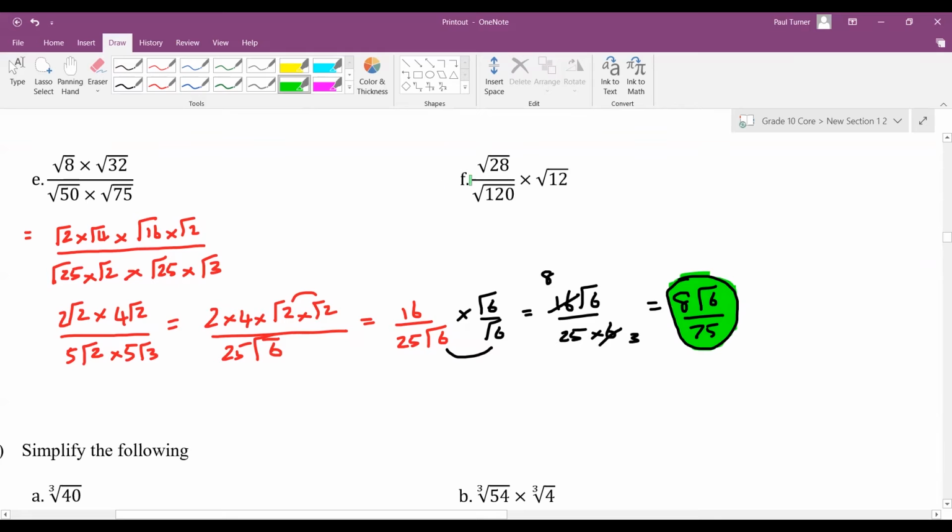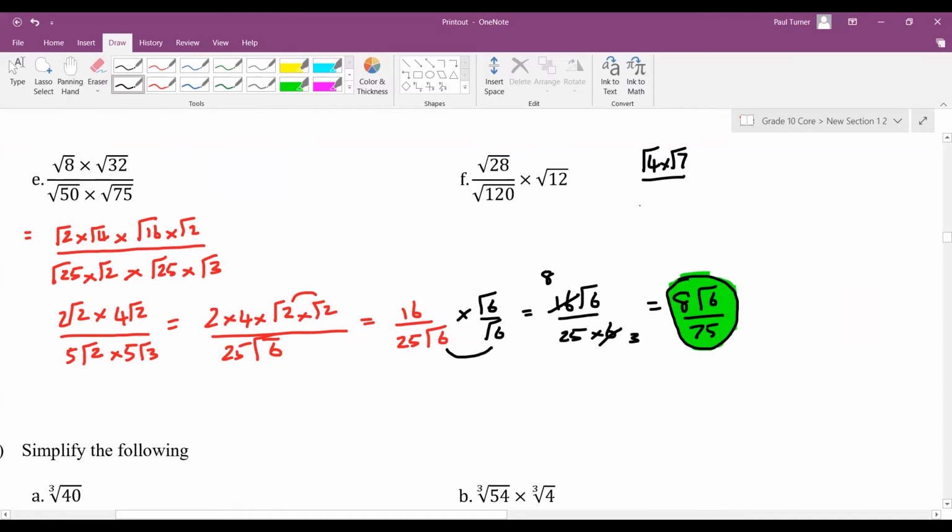This one was okay yesterday, but we can do it again just to remind you. So root 28, I'd say root 4 times root 7, root 120.